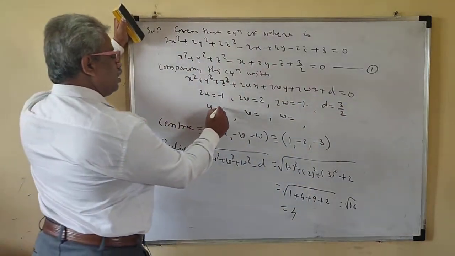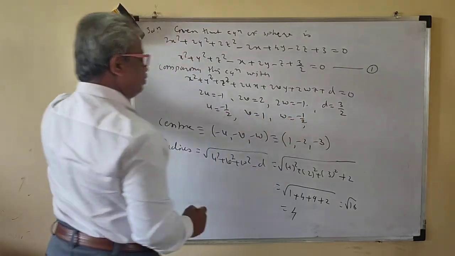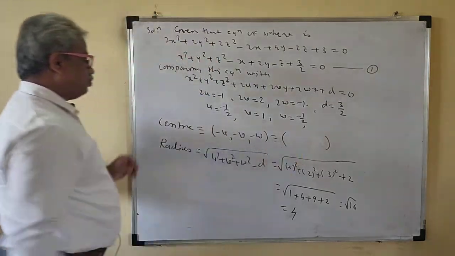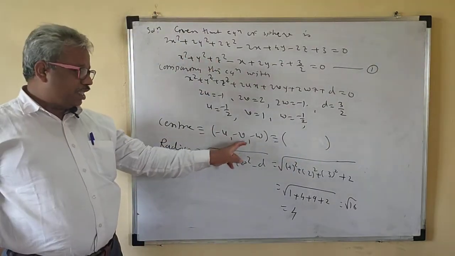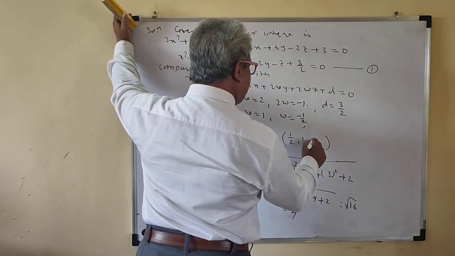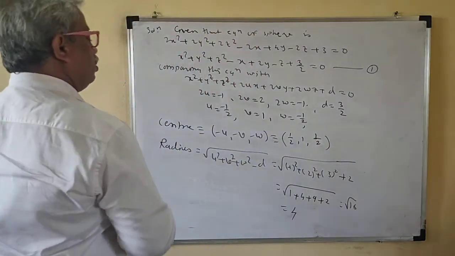So u is minus half, v is 1, w is minus half. Now your center is minus u, minus v, minus w. So this is half, minus 1, half. You have to change the sign.